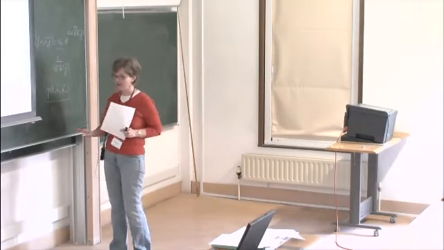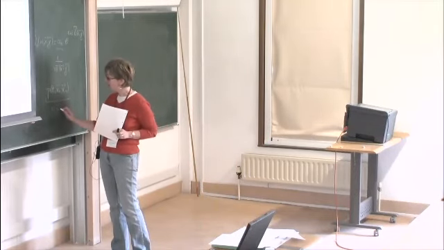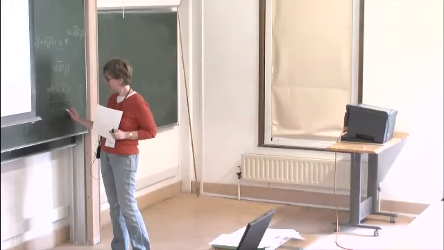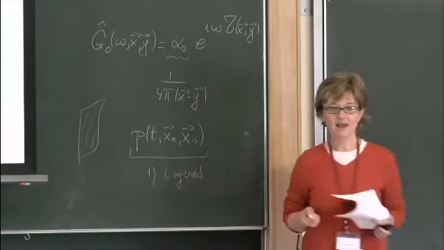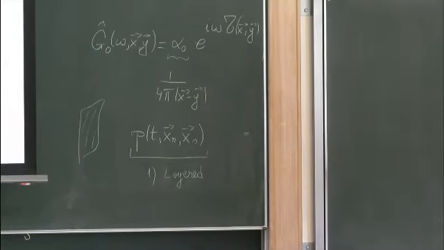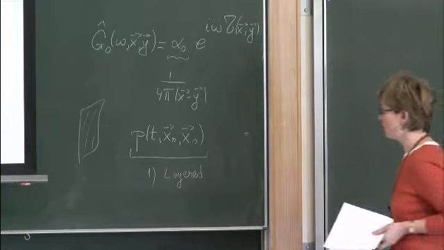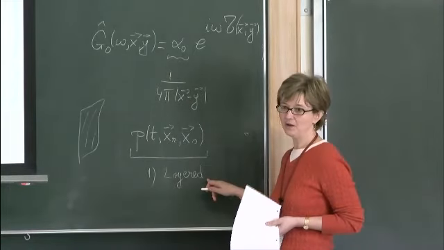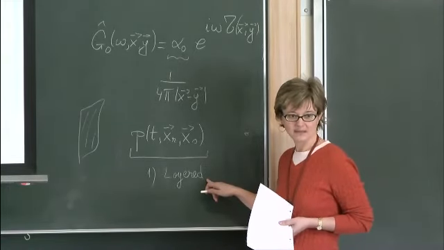So the first one that is really understood is the case of layered media. When you have fluctuations that are just a function of depth, let's say, in the Earth, then the theory of wave propagation in layered media is really, really well developed. So this is the best understood.